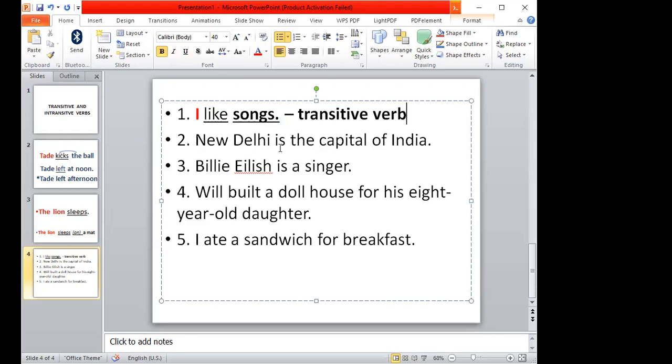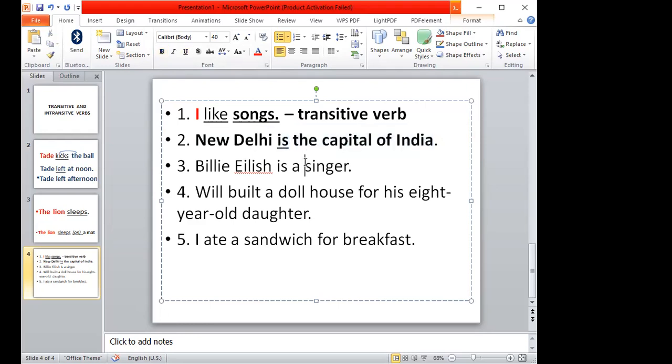Now, for the second one, New Delhi is the capital of India. This is the verb that I have there, because there is a direct connection between my subject here and this object here. Grammatically, I may not call this an object. I will call it a complement because I have the verb to be in it.